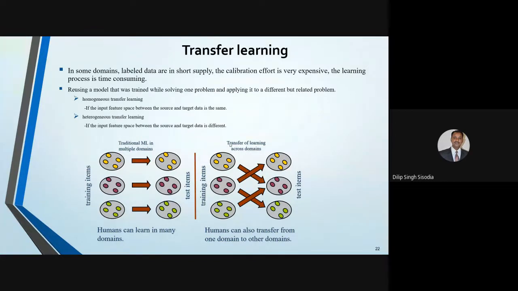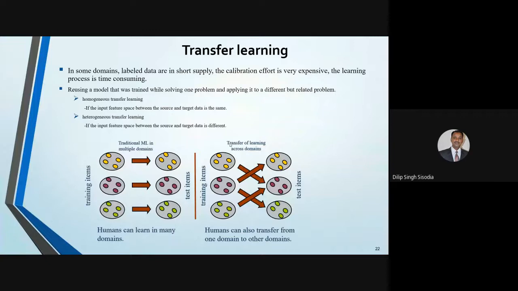For example, suppose we want to design a system for cancer detection. There are 100 types of cancers, and some cancers are very rare. So it is very difficult, as previous examples may not be there, or labeled data may not be available, but we want to train the system.